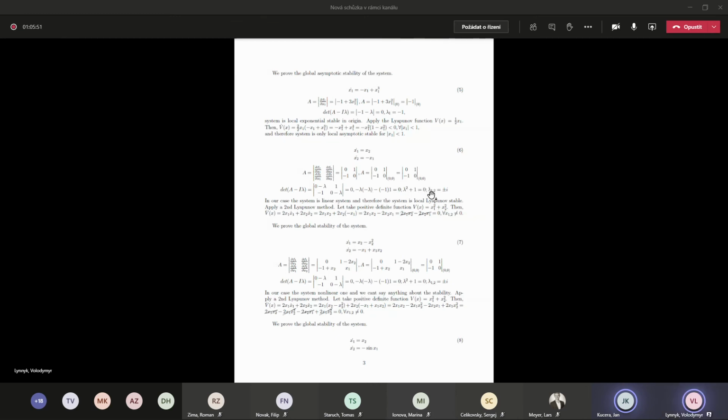And you can find that lambda 1, 2 equal to complex value without real part. Yes, it's a center.